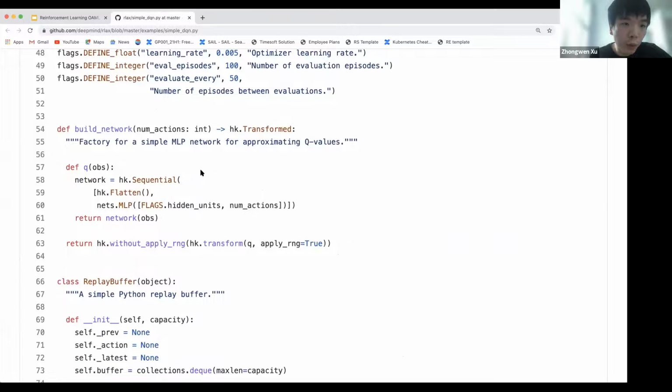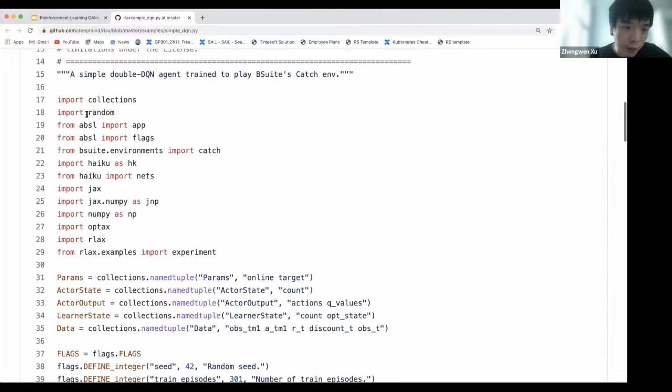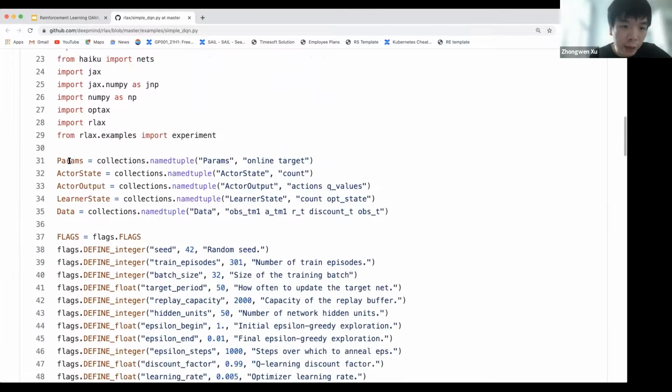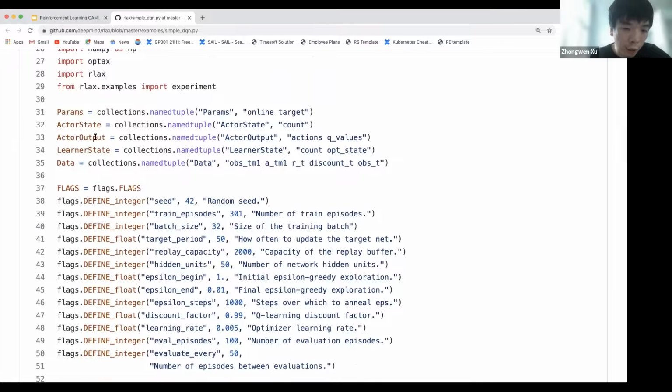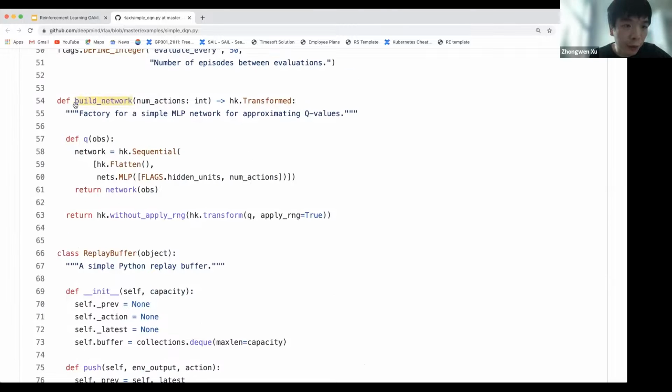Let's walk through the code piece by piece. The first part imports some libraries and defines the data structure of certain variables. These are not quite important for now. For the actual implementation, the first function is build network.